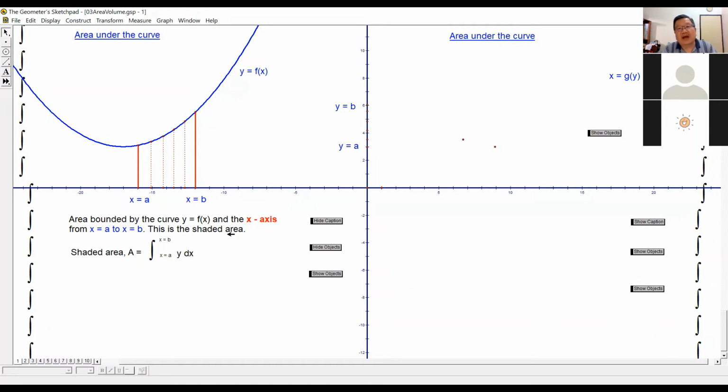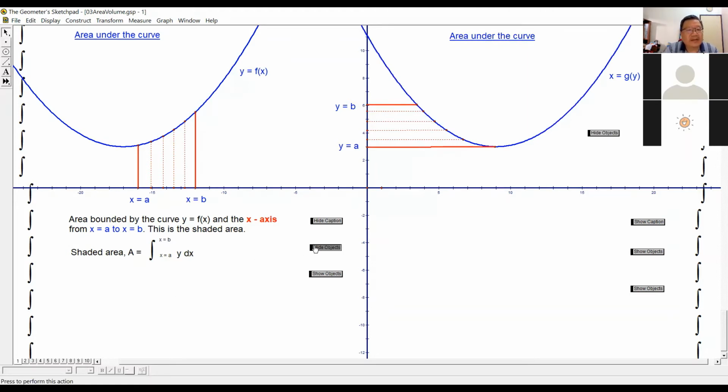Afterwards we are going to look at the area between the curve and the y-axis, so the formula is slightly different. The variables are different. Coming back to our formula here, if you want to find the area between the curve and the x-axis, you have to integrate y dx.